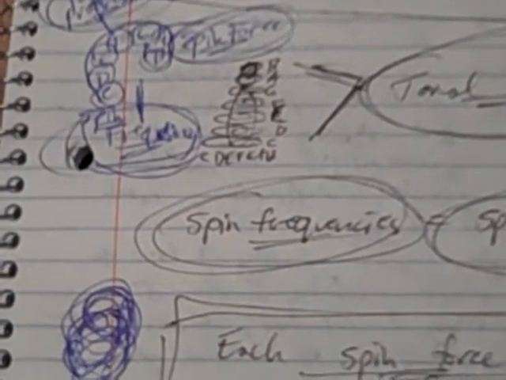And within that there's a tonal progression. I'm not sure if you have all the notes within it, but I just put them all in there, C, D, E, F, G, A, B. So in other words, every time you have a spin force of any scale, you have a spin frequency, and within that spin frequency you have some kind of tonal progression. I was just trying to indicate how that works.